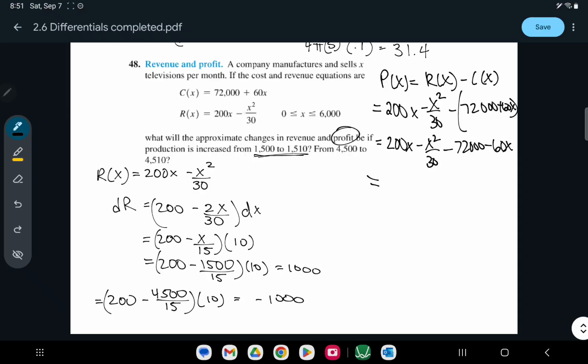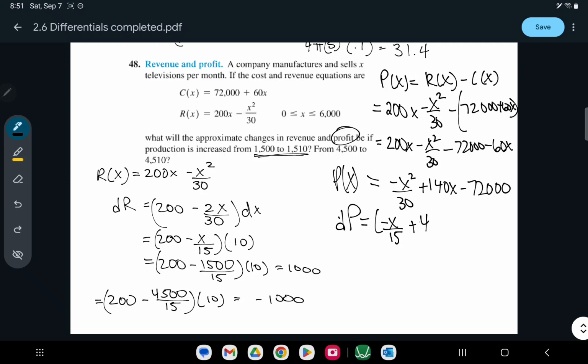Let's finish out what this would be: negative x squared over 30, 200 minus 60, that's 140x, minus 72,000. So that's my profit. Now I need to find my derivative, or my differential, so we'll call it the derivative of the profit. And that's going to give me negative x over 15 plus 140 times the change in x.